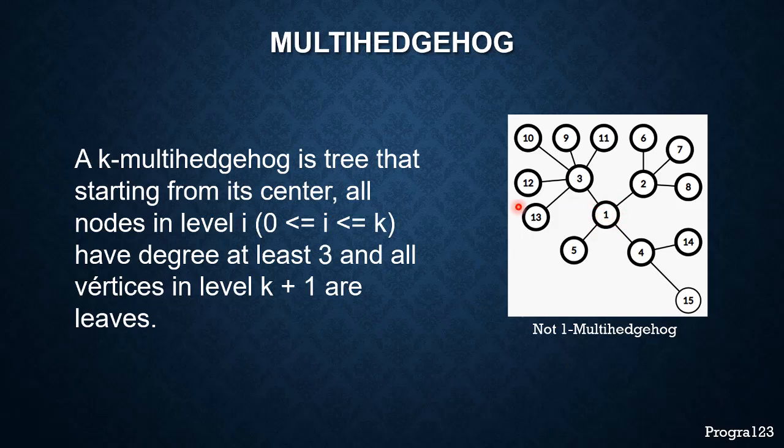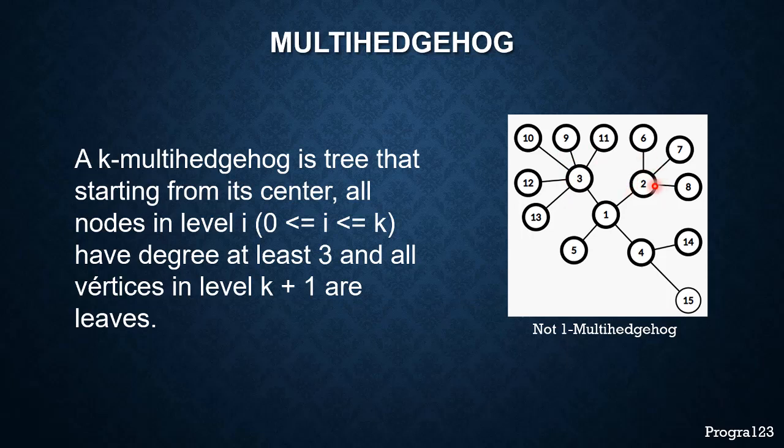We say that from level 0 to level k, it has to have degree at least 3. So this is level 0, it has degree more than 3, actually degree 4. Then for vertex 3 we have a degree of 5, which is more than 3.